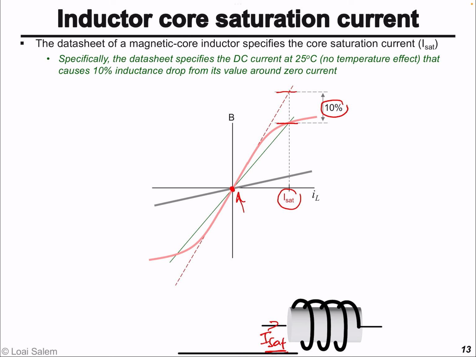Basically, as I mentioned, the inductance is proportional to the slope of the line, right? So at this point the slope has decreased by, say, 10%. So the definition of the core saturation current is basically the current that causes the equivalent inductance to drop from its value around zero current by 10%.